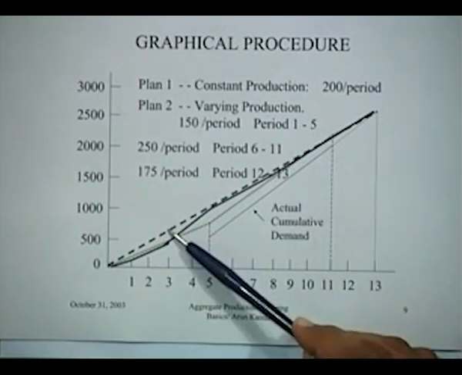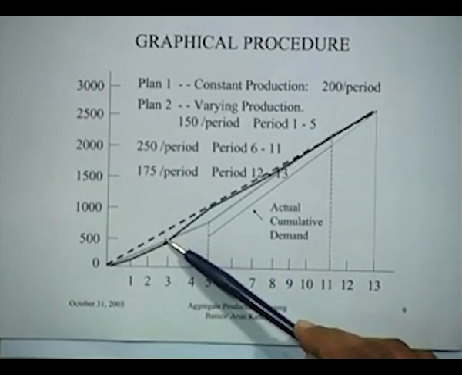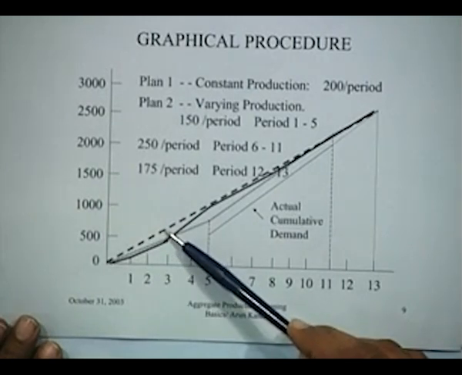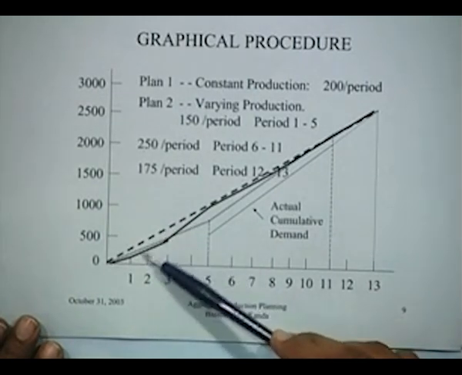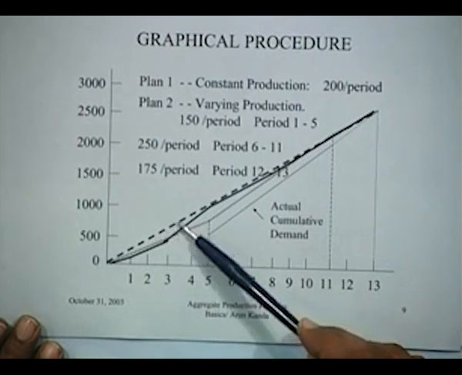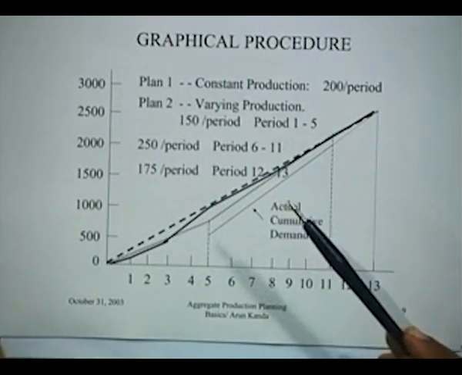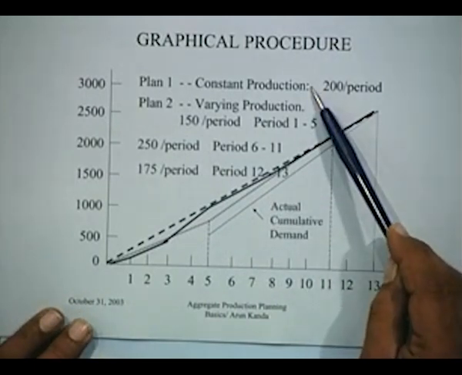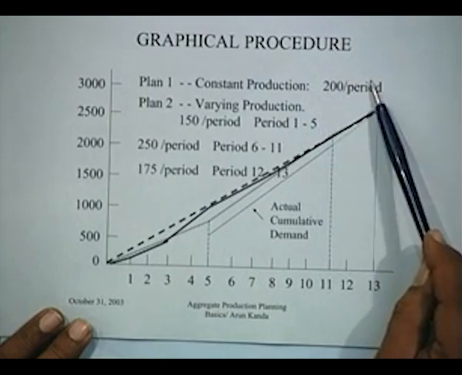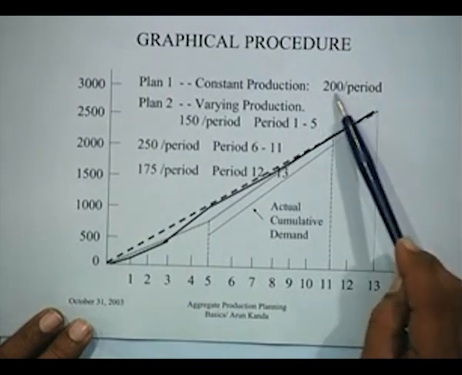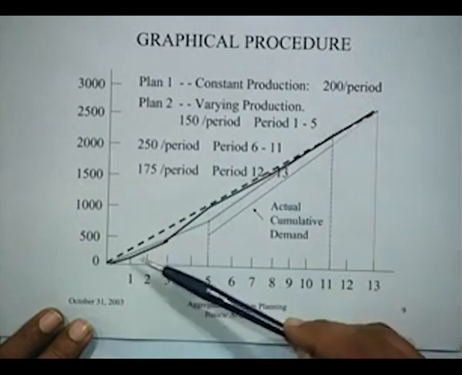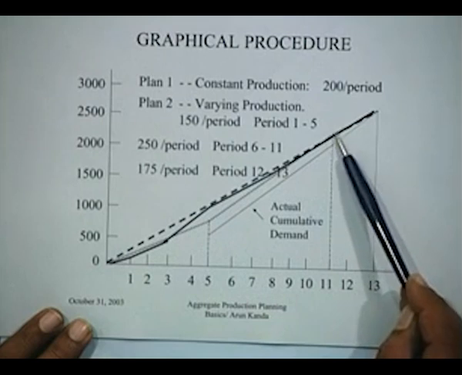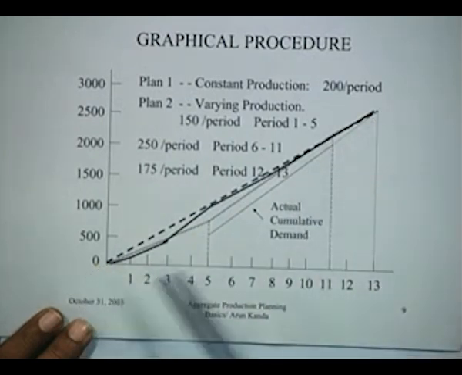It shows that the cumulative production is greater than the cumulative demand, which means if this particular line, that is the production line, is above the cumulative demand line, we would have costs of carrying inventories. So, one thing that you can immediately see from this plot is that if we follow this policy of having a constant production level of 200 per unit, in most periods we will be carrying inventories, except in some periods there could be a shortage. This amount could be calculated, as we will do subsequently.